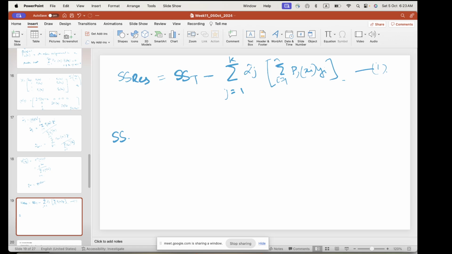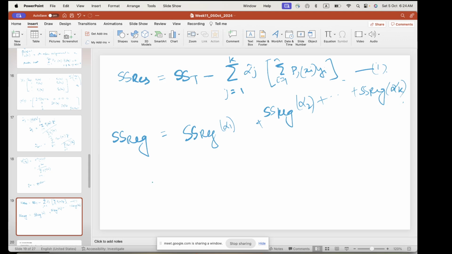So SS regression is actually, we can partition it as SS regression due to alpha 1, SS regression due to alpha 2, plus SS regression due to alpha k, where SS regression for each alpha j hat is actually equal to alpha j hat summation I equal to 1 to n pj xi into yi.